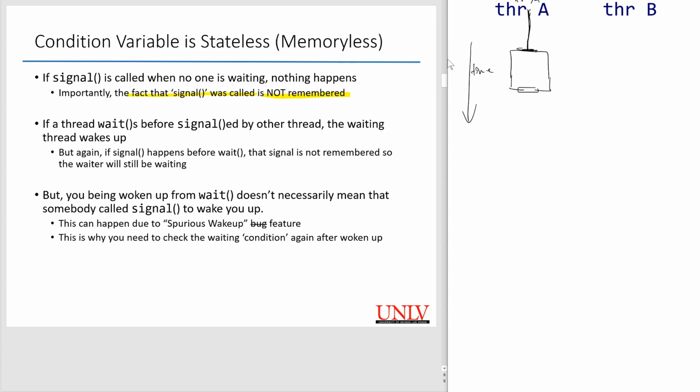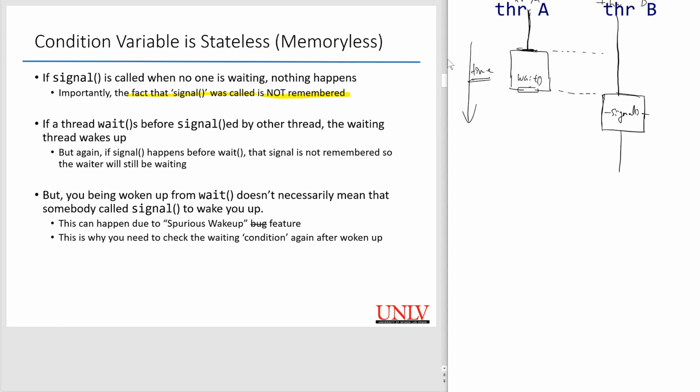Let's say you have another thread here, thread B. This is another critical section where thread B calls signal inside. In this case, in real time, thread A's wait happened before thread B's signal.